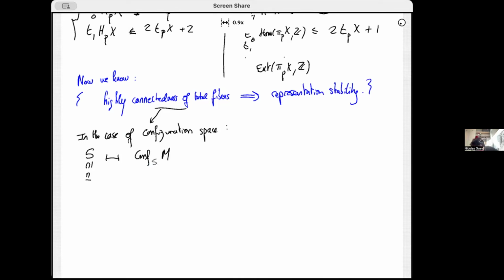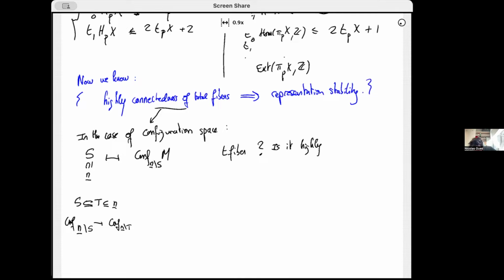So I have to take the configurations labeled by the complement of S inside N, and you can see that if S is a subset of T, which is itself a subset of N, we will have a map from Conf N minus S to Conf N minus T. And so this gives a cubical diagram, a diagram indexed by subsets. And we need to compute the total fiber of this. Is it highly connected?